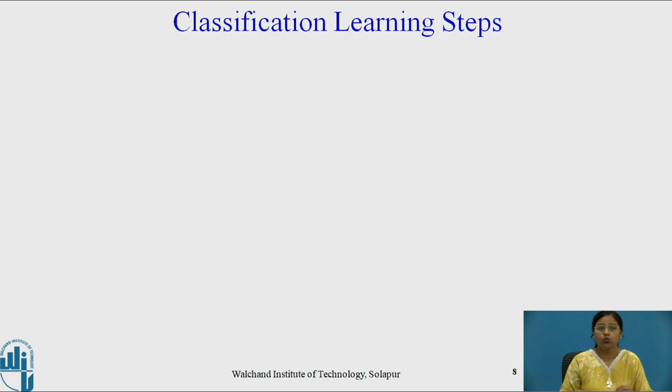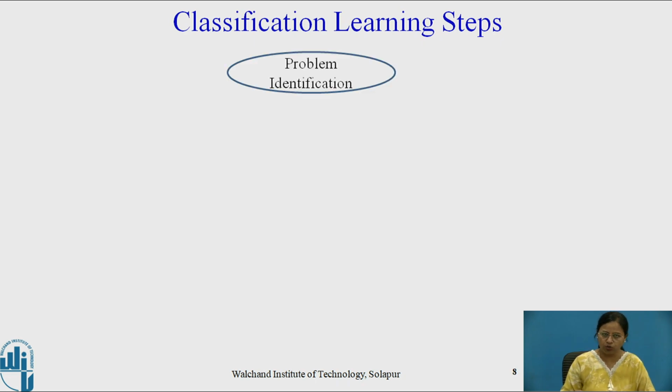Now let us see what the different learning steps in classification are. The learning steps which we are studying now belong to all types of machine learning algorithms. First is problem identification. You need to identify a well-formed problem with a well-defined goal and benefit, which has some long-term benefits to the society.